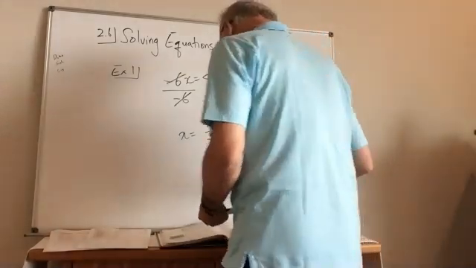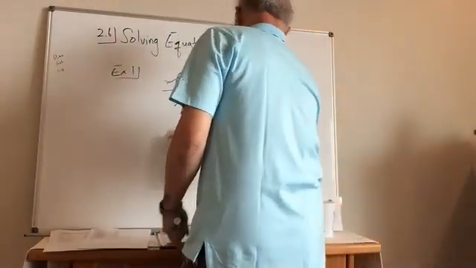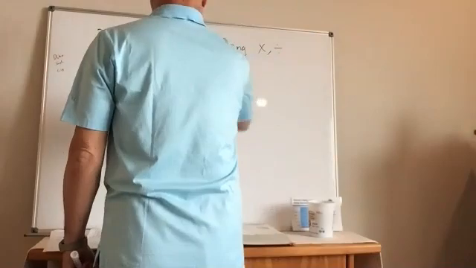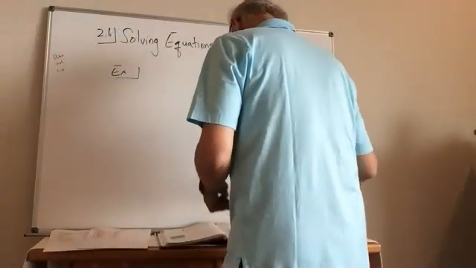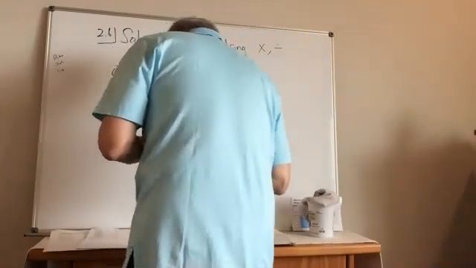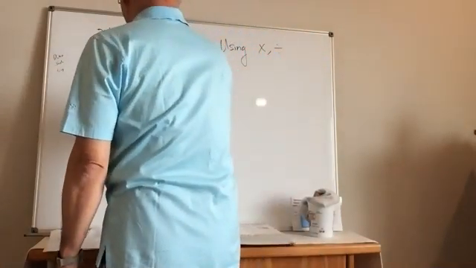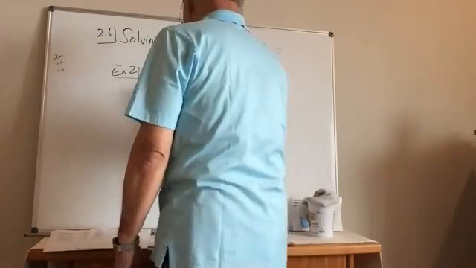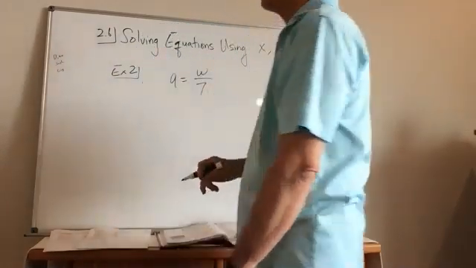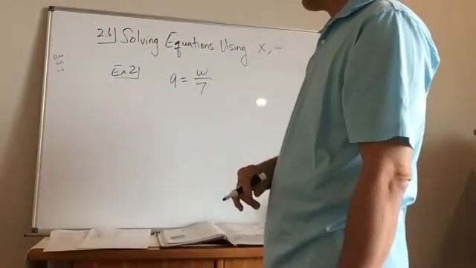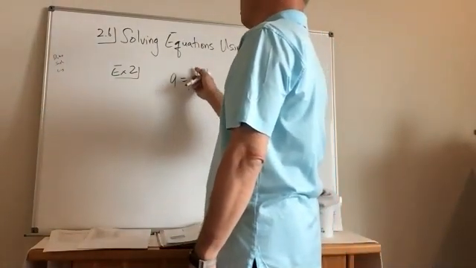Okay. Flip the page. Let's go to example number 2. Example number 2, we're going to solve 9 is equal to w divided by 7. I'm trying to figure out what w is. Again, I want to leave w by itself.